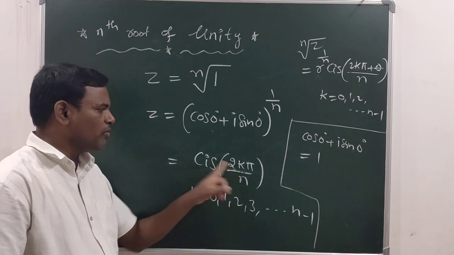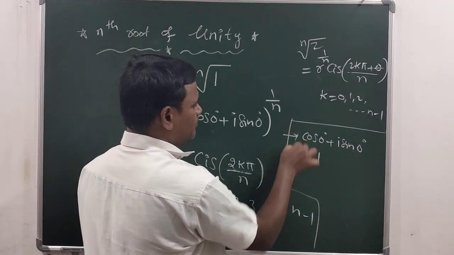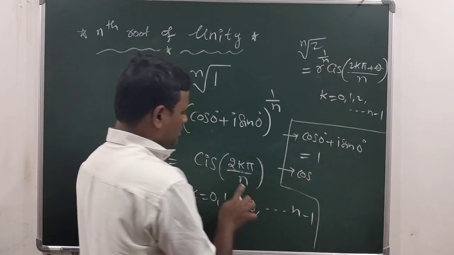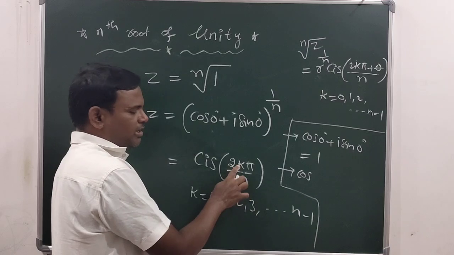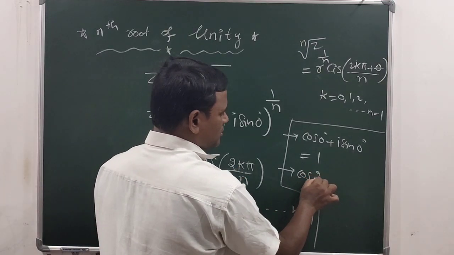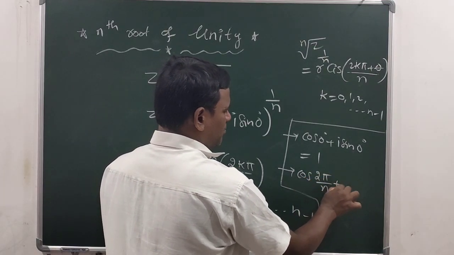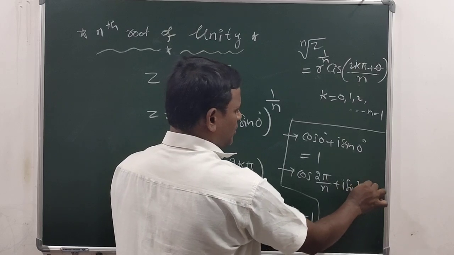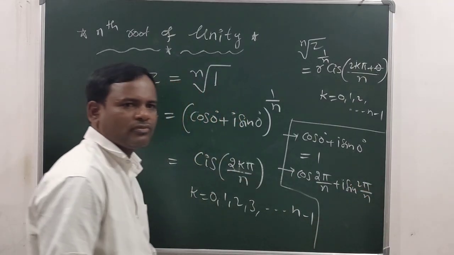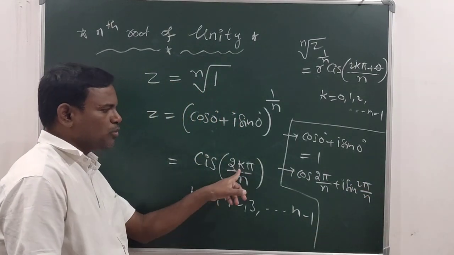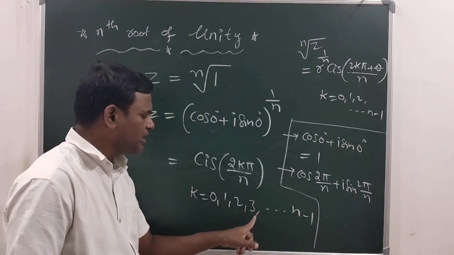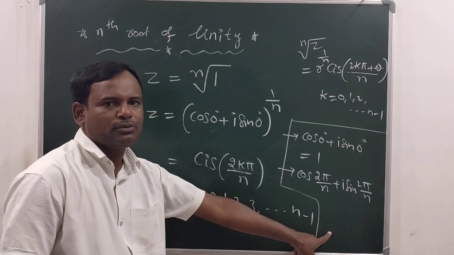If you put k equal to 1 here, it is going to be cos 2 pi by n plus i sin 2 pi by n. So like if you write k equal to 2, you get one more complex root. If I write k equal to 3, you get one more complex root.